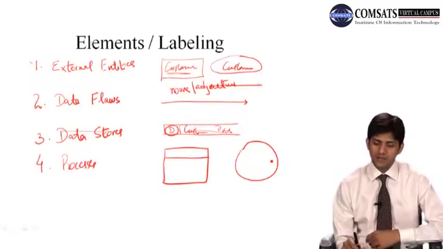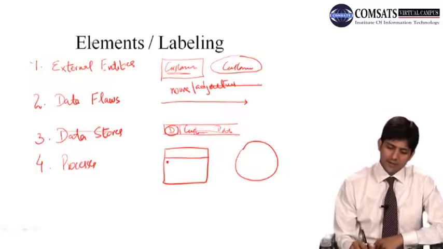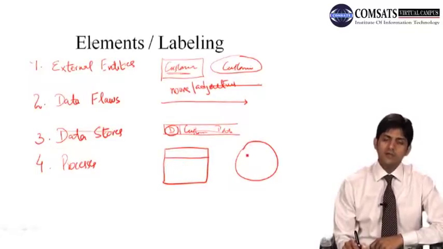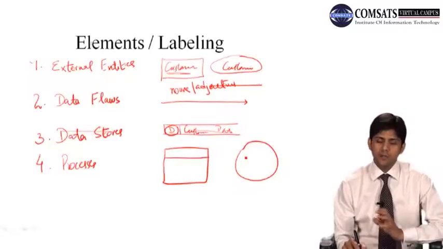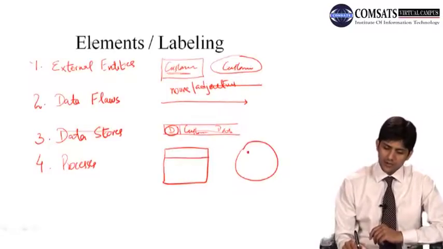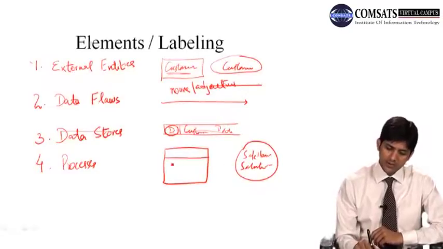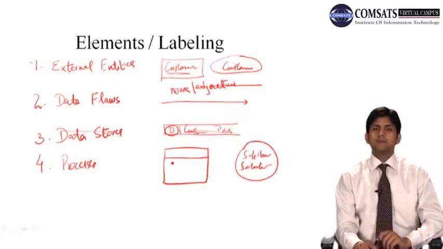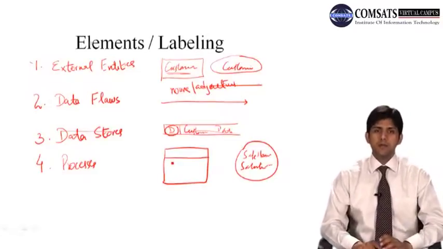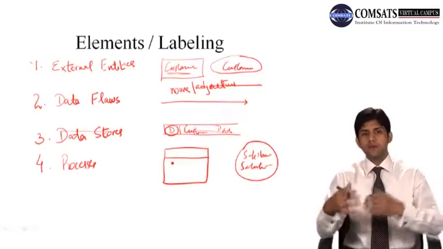For example, in the last example, the safe home example, our level 0 DFD or the context DFD has only one process, which was, let's say, safe home solution. So that's how we will write the process. Usually the processes are verbs, because they are the ones who actually transform the data.